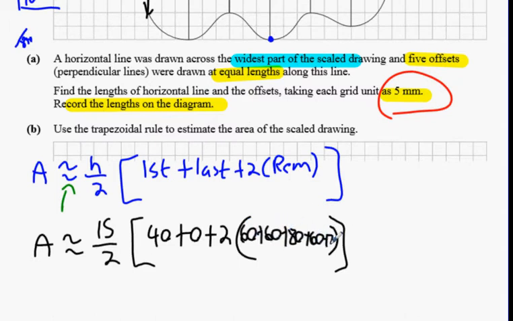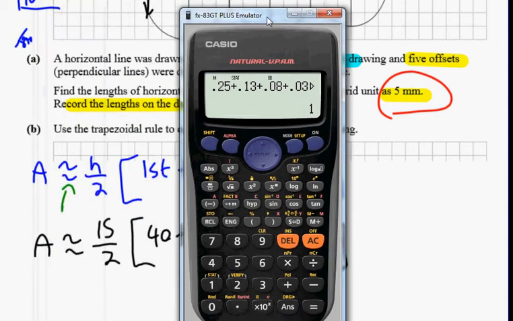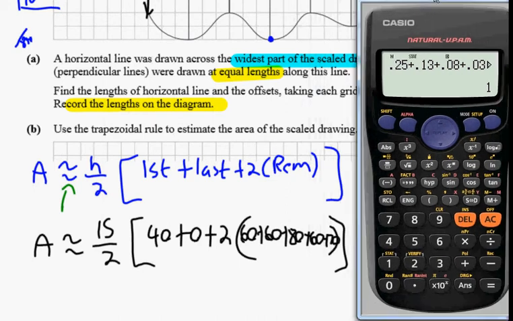Plus 70. Now, all into the calculator, okay? And you can write it down exactly as you need it. 15 over 2. You must have it in stat mode from there. 15 over 2. Open bracket. 40 plus 0 plus 2 times remaining. 60 plus 60 plus 80 plus 60 plus 70.